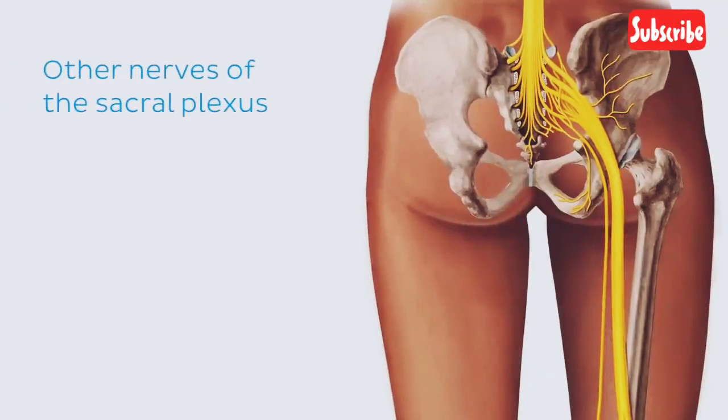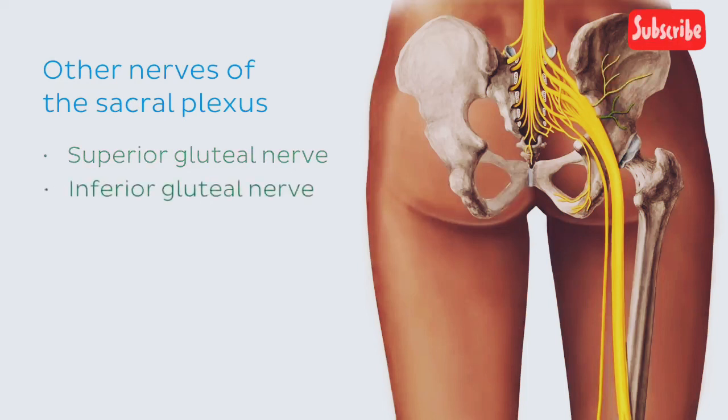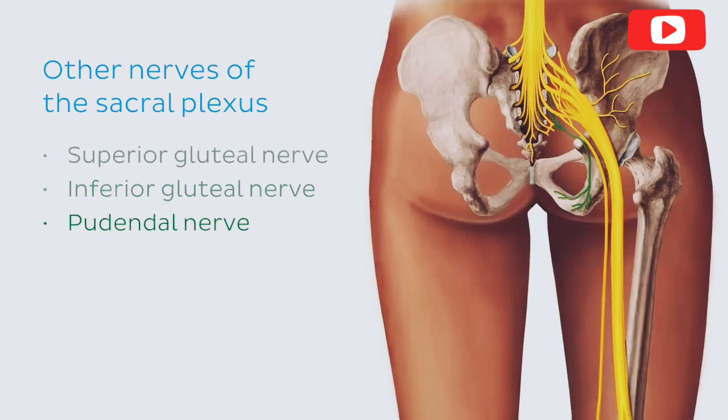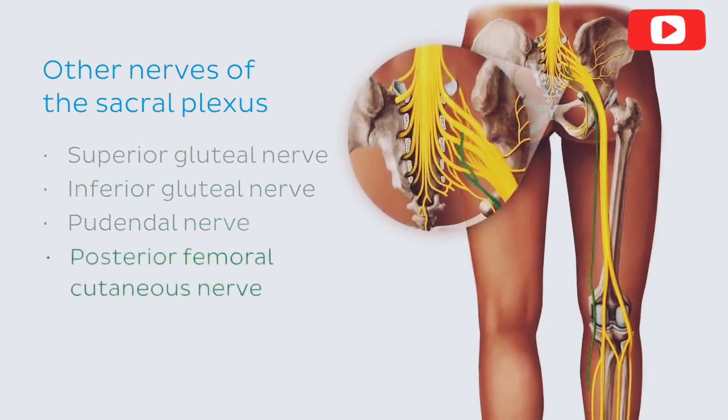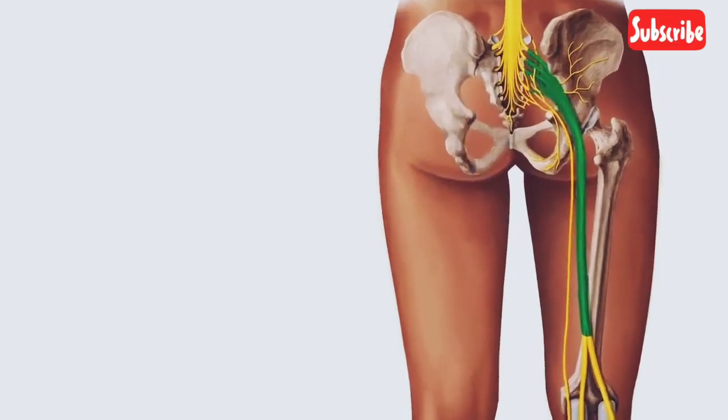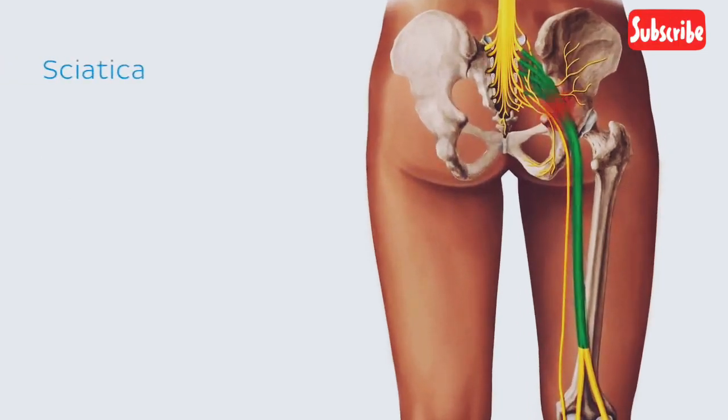Next, we looked at some other nerves of the sacral plexus, starting with the superior gluteal nerve and the inferior gluteal nerve. Then we looked at the pudendal nerve, followed by the posterior femoral cutaneous nerve. We then concluded our tutorial with some clinical notes about sciatica.